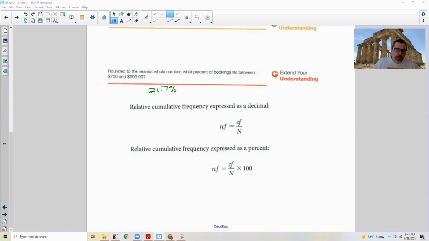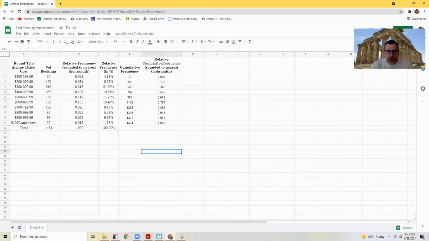Okay, since we use this spreadsheet, I do need you to know where those values came from. The spreadsheet does it for you, and sometimes you lose track of what those mean. Okay, so relative cumulative frequency expressed as a decimal is the cumulative frequency divided by the total. And then to get a percent, you multiply it by 100. So if I go back to my spreadsheet, cumulative frequency divided by the total is the relative cumulative frequency.